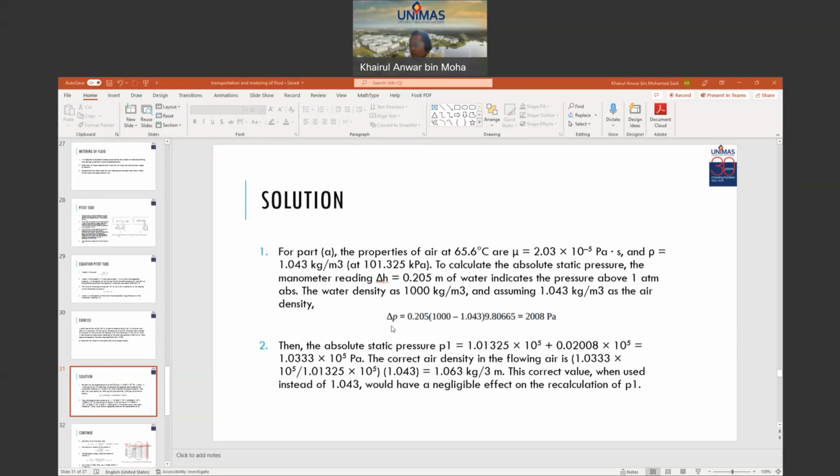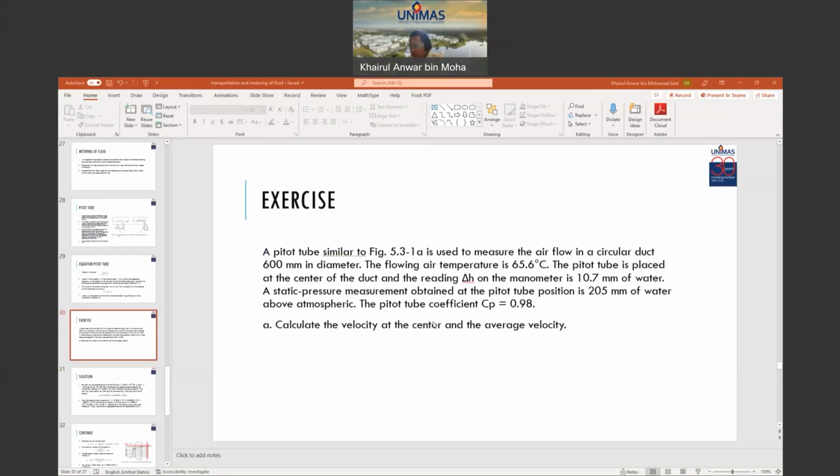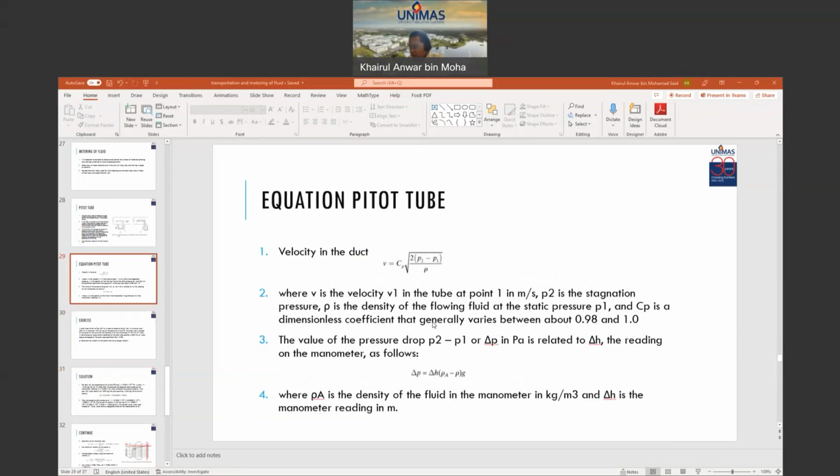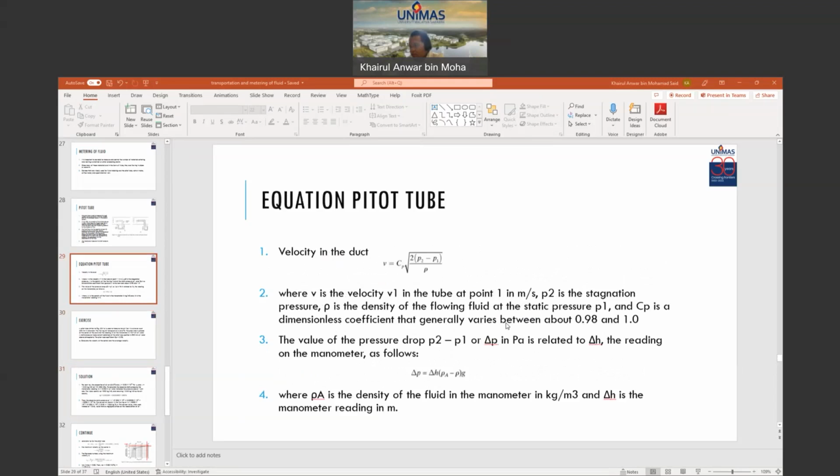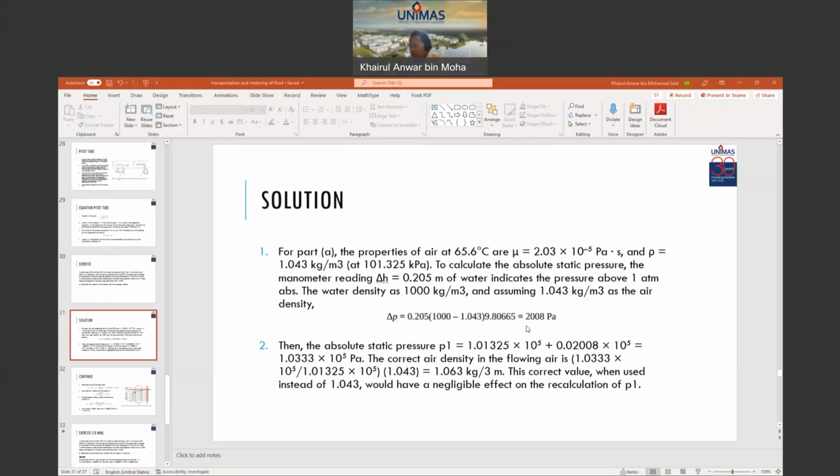So here you get delta P equal to 0.205. This is the delta H, this one is rho water minus rho air times gravity g, and you get like 2008 Pascal.